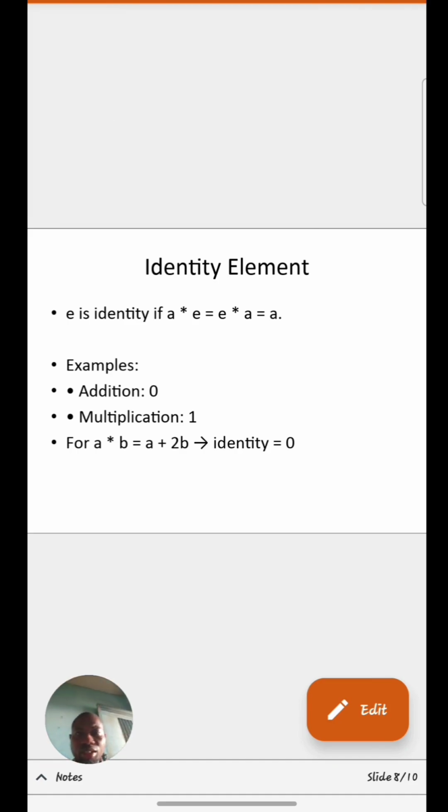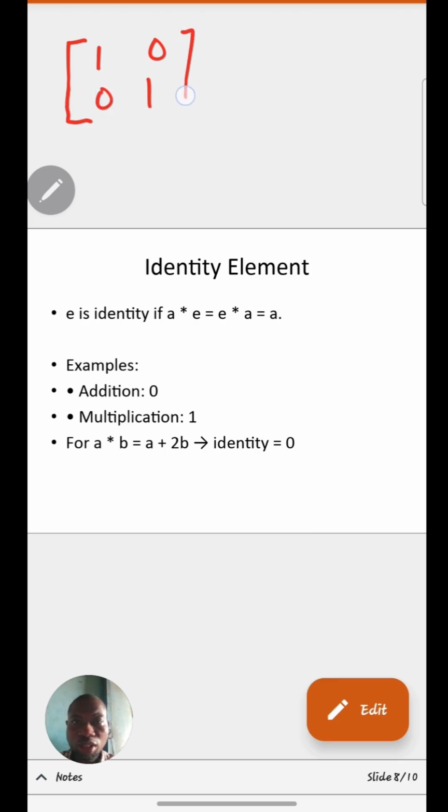Identity elements. What is meant by identity elements? Just like in matrices, when you call something an identity, it's always in this form, 1 0 0 1.